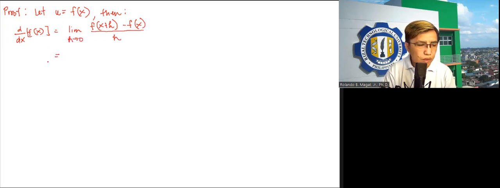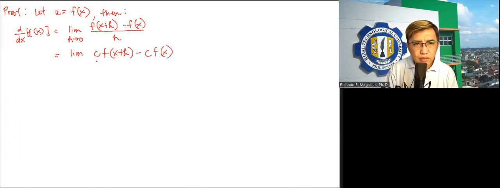Since we have a constant c, then what we have is the limit of c times f of x plus h minus c times f of x, because that's a constant times a function, all over h as h approaches 0.